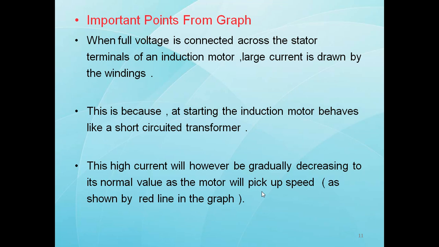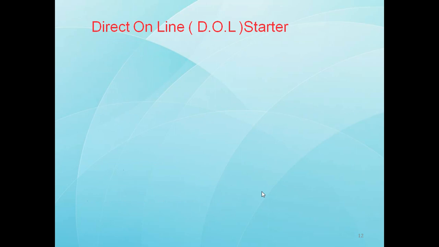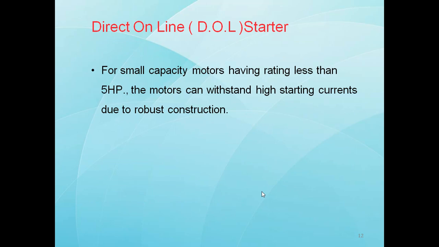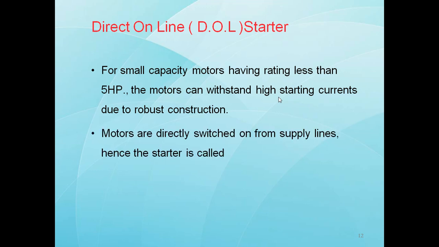So these are the points we noted from this graph. Small capacity motors having a rating less than 5 HP can withstand this high current due to robust construction. So it is not used for large motors.